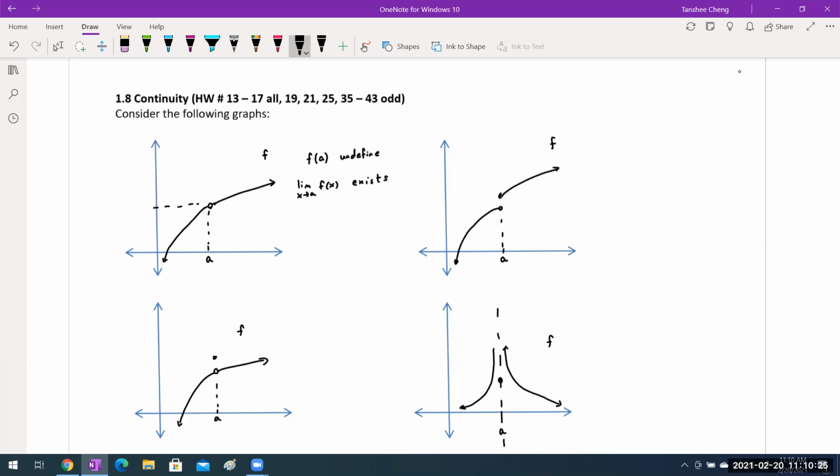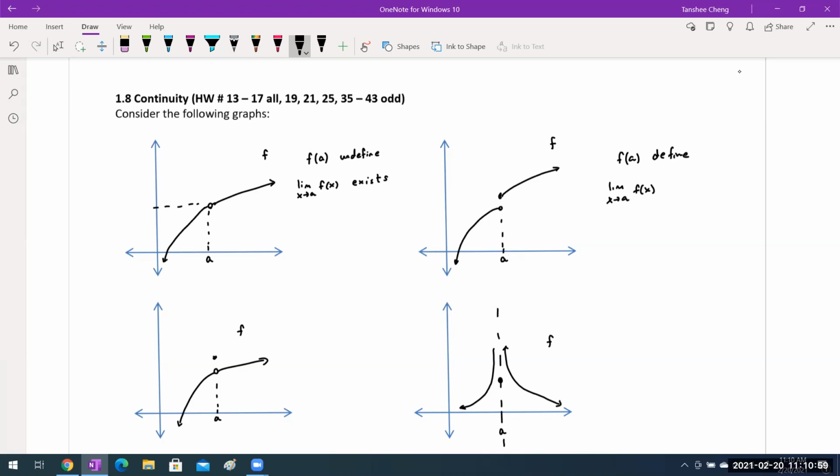And what about another case on the right-hand side? This is a piecewise defined function now, and the function is defined at a, because for f(a) we see a closed circle right there. But in this case, the limit as x approaches a of the function does not exist, because the left-hand limit and the right-hand limit are different values according to this graph.